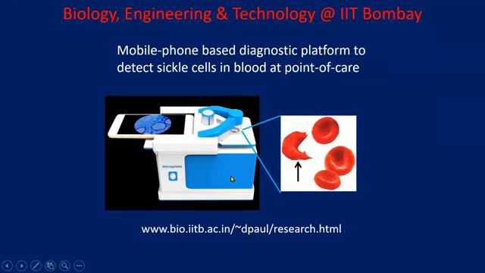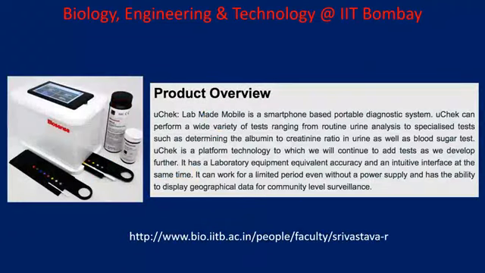It's a very easy device to use. You just use the phone and put the blood sample, and then you can analyze the blood sample directly, and from there you can determine whether the patient has sickle cell anemia or so. This has been developed in the lab of Professor Debjani Paul at Biosciences and Bioengineering. Then I'm giving you one more product.